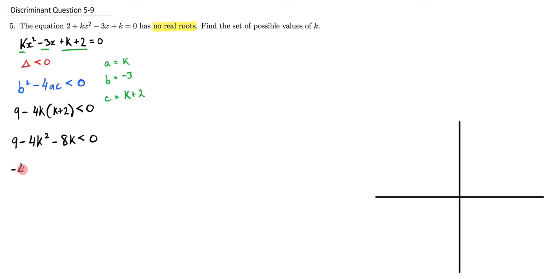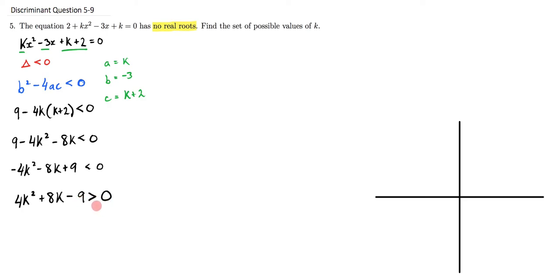So I'm going to get minus 4k squared minus 8k plus 9 less than 0. I don't like it when I have a negative in front of my first term, so I'm going to divide both sides by the negative. So I'm going to get 4k squared plus 8k minus 9. I'm going to have to swap my inequality because I'm dividing across by a negative. So it's going to be that 4k squared plus 8k minus 9 is greater than 0.